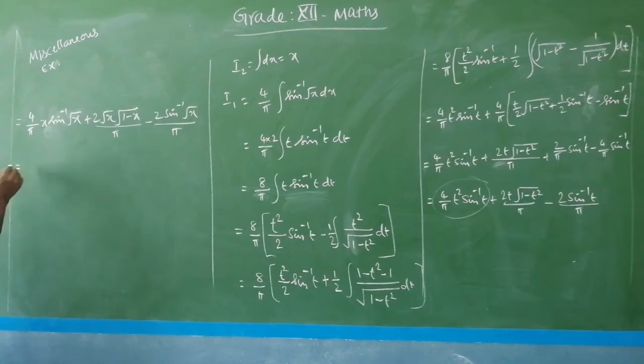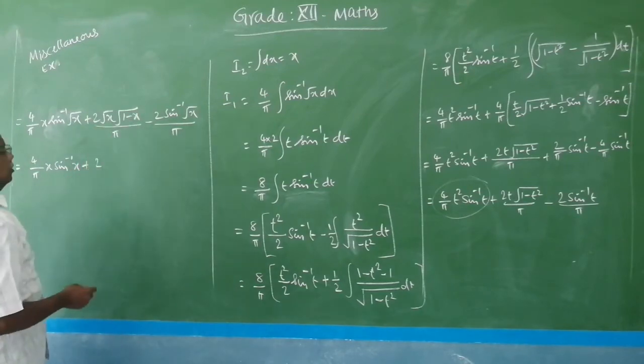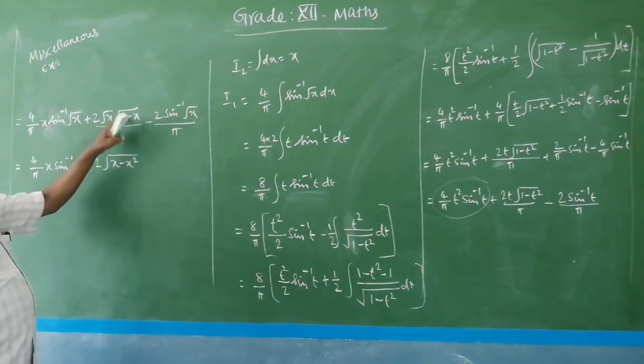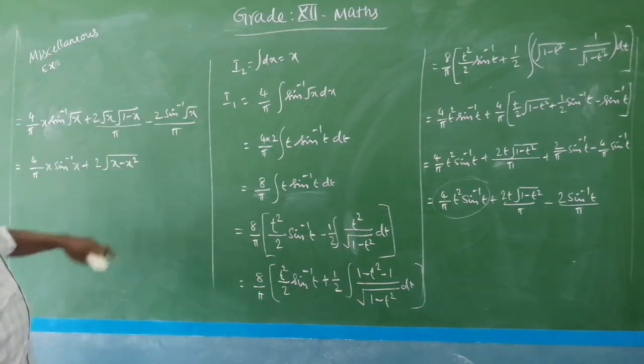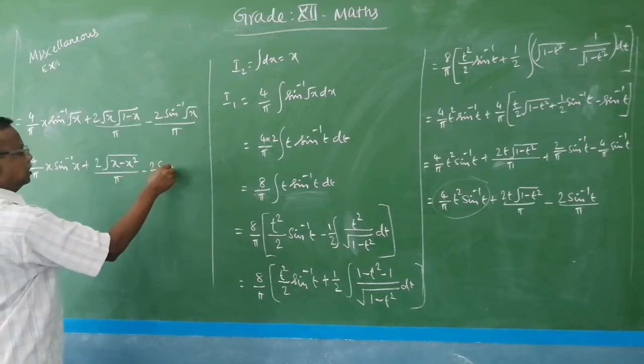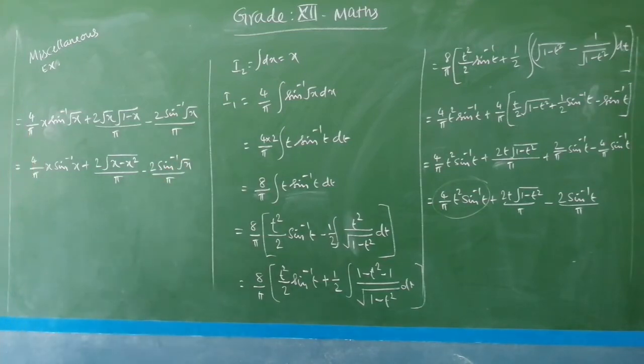That is equal to 4 by pi x into sin inverse of root x and plus 2 into root of x minus x square. So, root a into root b equal to root of a b, accordingly it is x minus x square divided by pi minus 2 sin inverse of root x by pi.